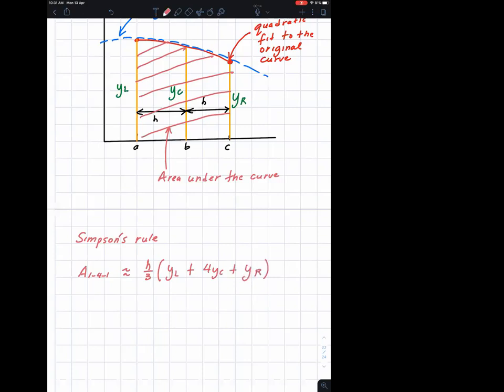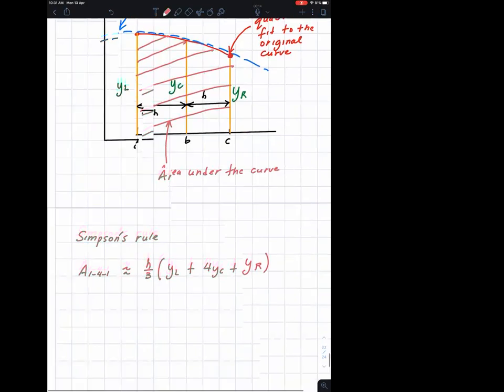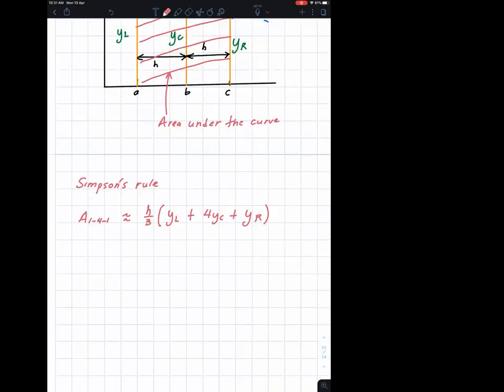So this is the formula. Don't ask me how they came up with that. Maybe he was experimenting, and this formula can be used to find the area under the curve.